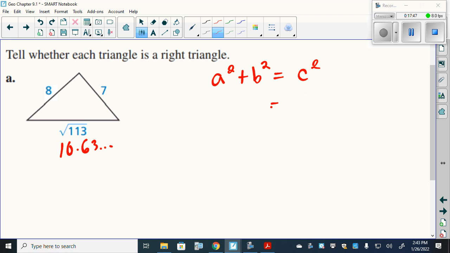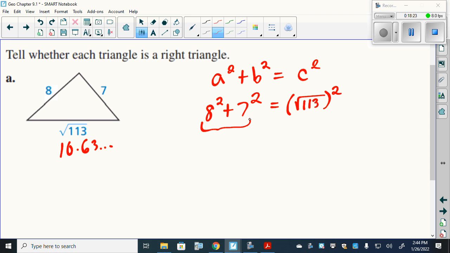Now, yeah, we skipped a few. Now, for this here, I wouldn't want to plug in 10.63 because we don't have the whole decimal. But what we can take C as is the square root of 113. Now, the values of A and B are going to be 8 and 7. Now, on the one side, 8 squared plus 7 squared, those are all numbers.